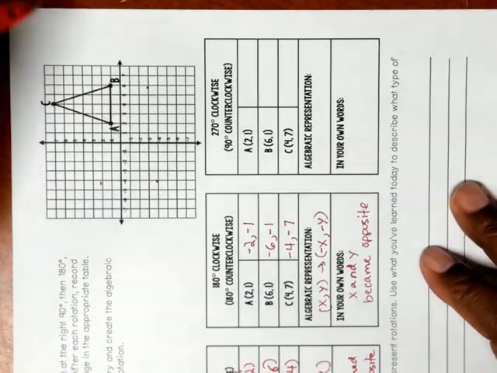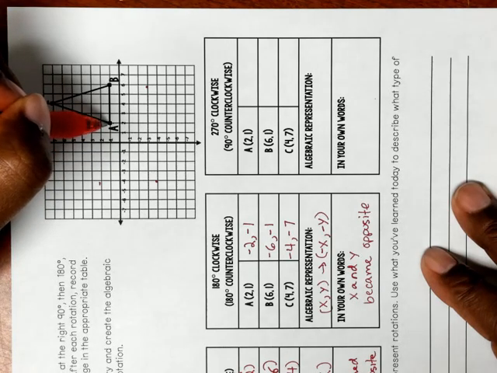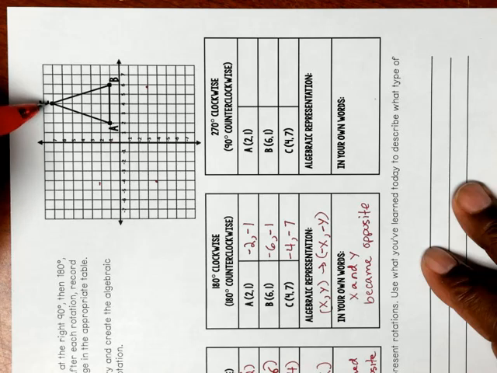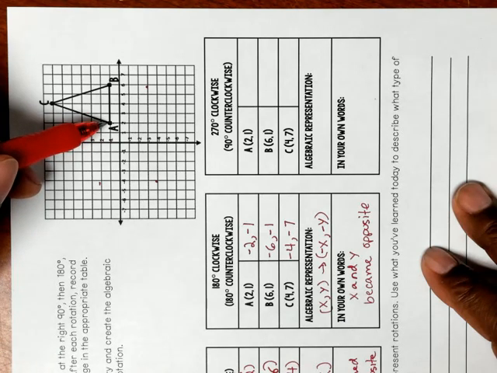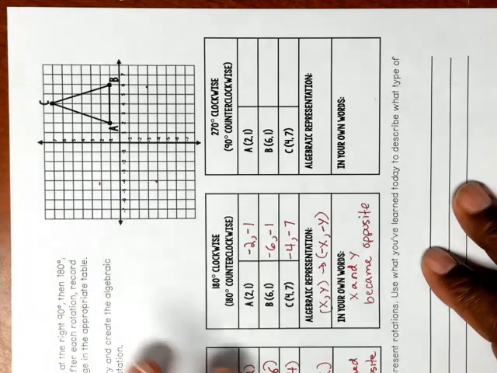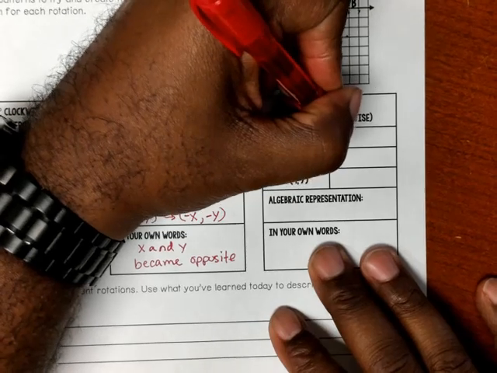Okay, so we are going to write our coordinates here. This is going to be for A, negative 1, 2. B is negative 1, 6. And C is negative 7, comma 4. So once again, negative 1, comma 2, negative 1, comma 6, negative 7, comma 4. Let's write those down.